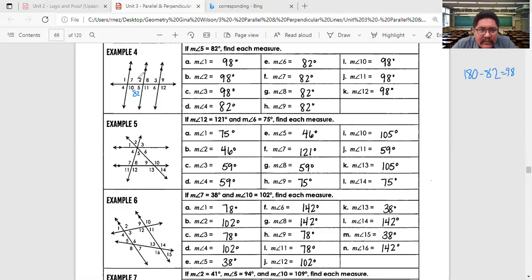Angle 3, so let's look for angle 3. Sometimes the numbering on these is a bit weird, so they don't always have to follow the same numbering pattern, because in this case it looks like they're skipping across the top and then to each transversal. Anyway, 3 looks like this one, and this one would all be 98 degrees.